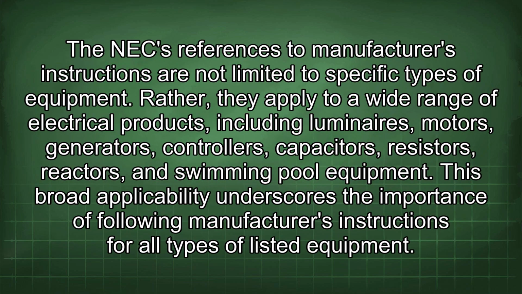The NEC references to manufacturer's instructions are not limited to specific types of equipment. Rather, they apply to a wide range of electrical products, including luminaires, motors, generators, controllers, capacitors, resistors, reactors, and swimming pool equipment. This broad applicability underscores the importance of following manufacturer's instructions for all types of listed equipment.